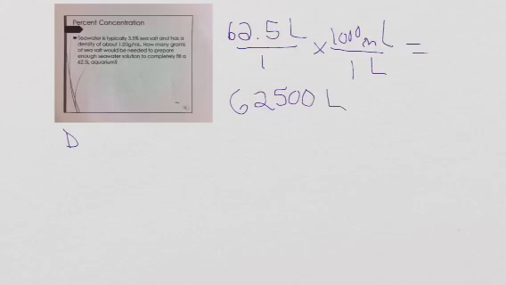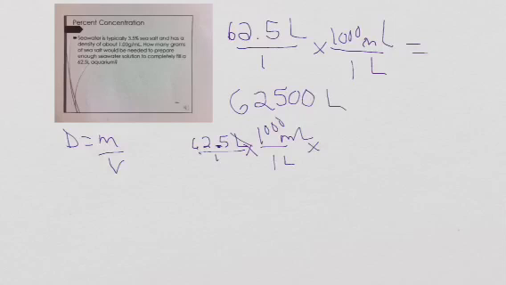The density formula, if you want to use it, is density equals mass over volume, or I usually just do it as factor label. So I would have just continued on with that factor label. That part's the same thing as up above.